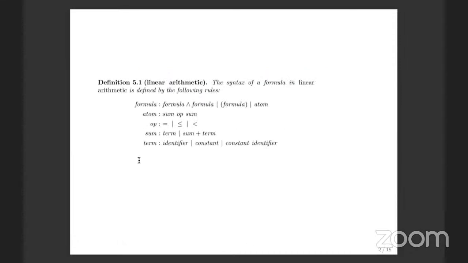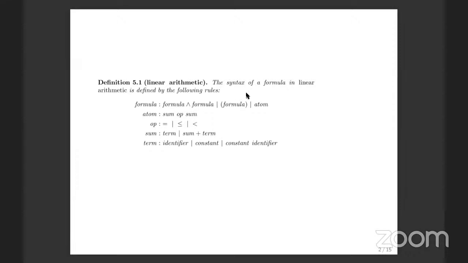Okay, so here is the logic. There are arithmetic terms, linear terms, and inequalities, strict inequalities, and equalities, and they're all a conjunction of formulas.